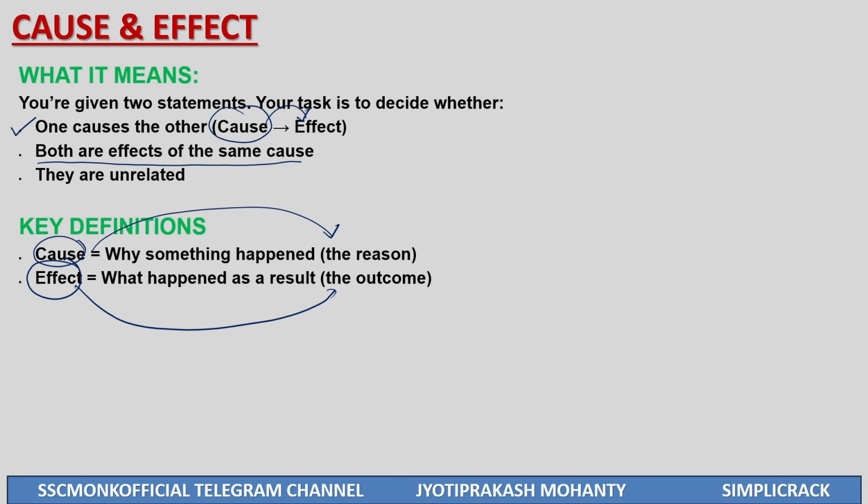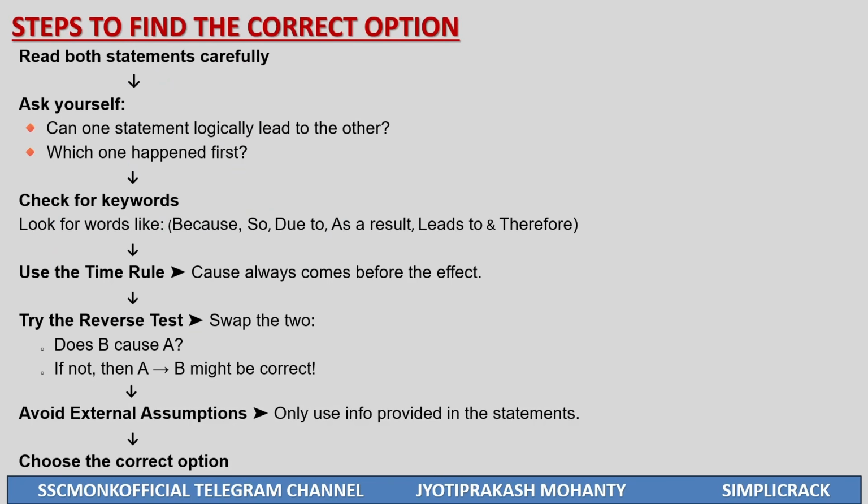Clear? Now, how to approach or how to solve the question? First thing is that you should read the question and understand. And ask yourself, can one statement logically lead to another? Statement 1 is leading to statement 2 or not? Now, out of these two statements, which statement happened for the first time? If it happened for the first time, then that is the cause.